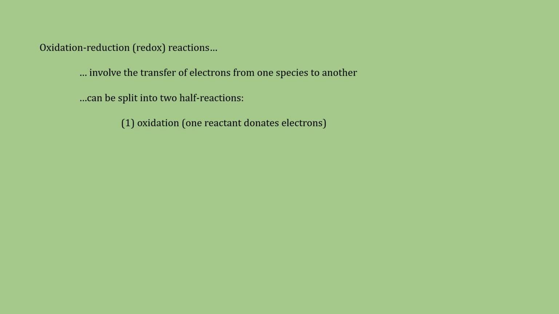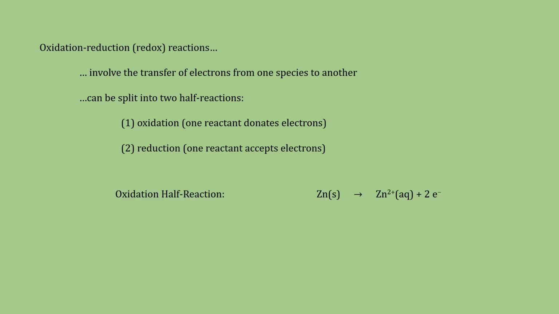One half reaction, termed oxidation, sees the loss of electrons. That is, electrons are produced, given up, donated, if you will, so as to allow a second half reaction, known as reduction, to occur. Just as oxidation represents the loss of electrons, reduction represents the gain.